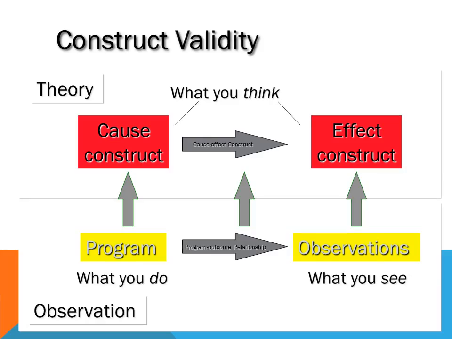The next validity is what is called construct validity. Recall that what we did is we operationalized the cause construct and the effect construct, and we contextualized it within a Starbucks coffee drinking context. The question of construct validity is one of reconnecting our findings to the larger construct that we're interested in.